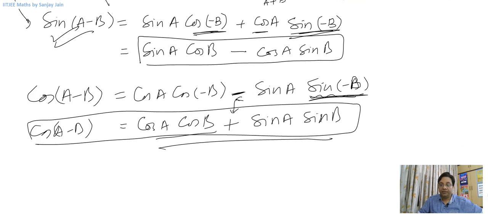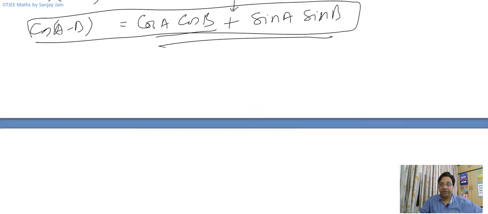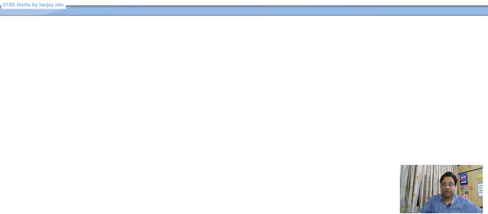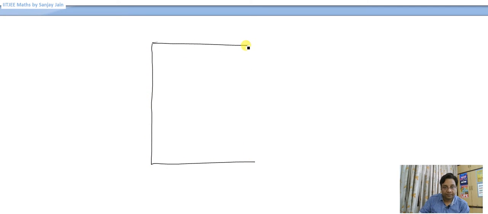Okay, let us quickly find tan A plus B. Now to find it, let me again create this rectangle here. And I'll create that right angle triangle once again.